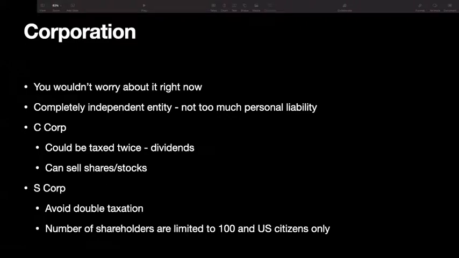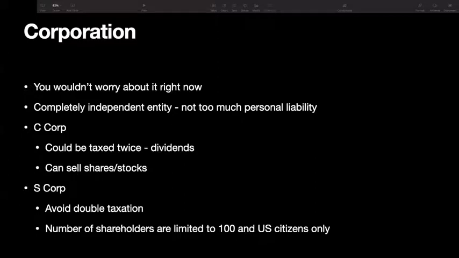So finally, the corporation, which is the most complicated format of entity, and you probably wouldn't want to worry about it right now, because I don't think many of us will start a huge corporation right off dental school. And if you're planning to do it, you must be the expert, way better expert than my minuscule knowledge on this business.